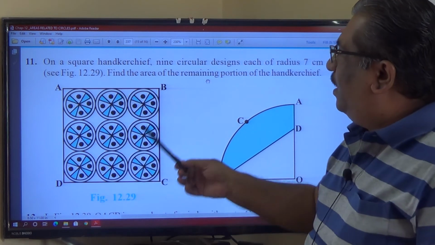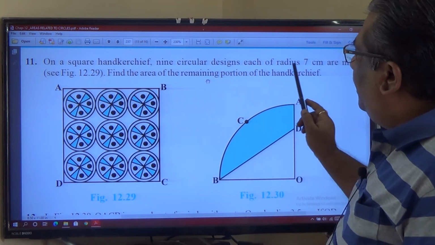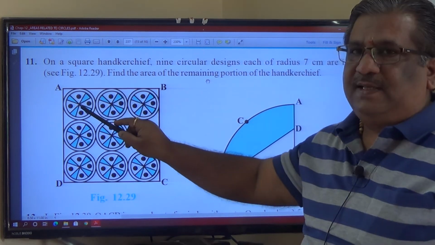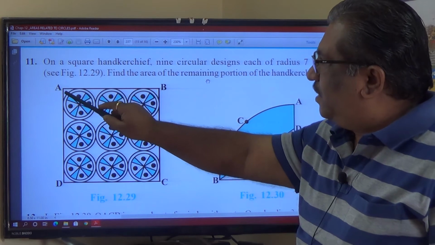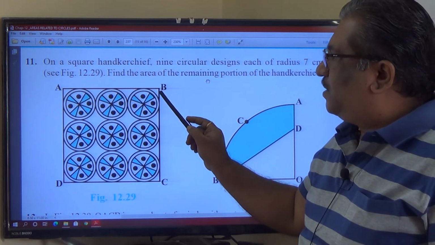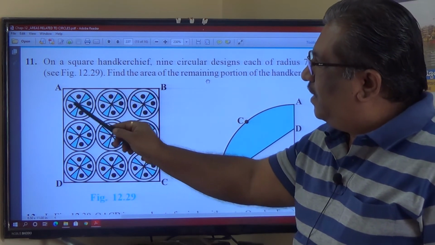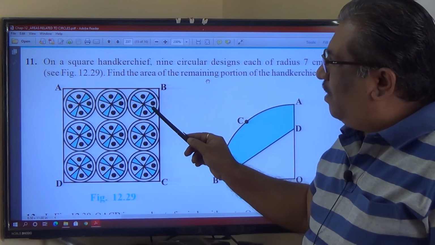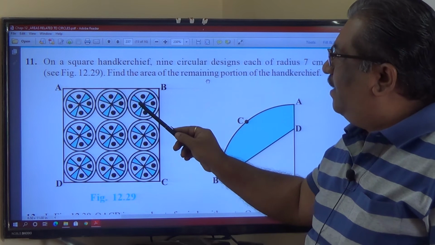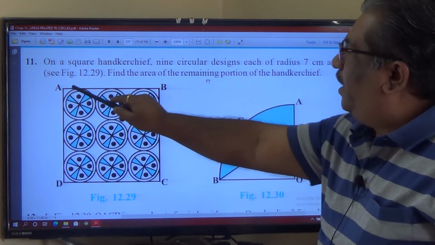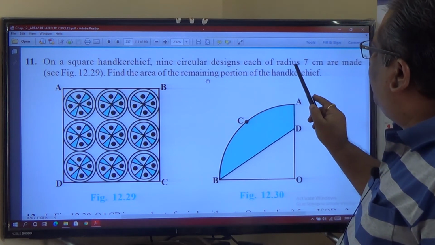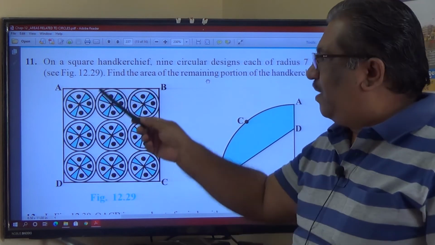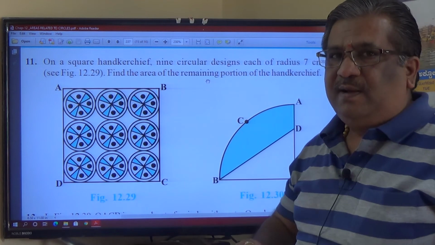Interestingly, the radius of the circle is given. You have to calculate the side of the square. How do you calculate? This is diameter, diameter, diameter. So 3 times diameter or 6 times radius is equal to AB. So 6 times 7, 42 centimeter, you will get AB. Then you can find out the area of the remaining part of the kerchief.